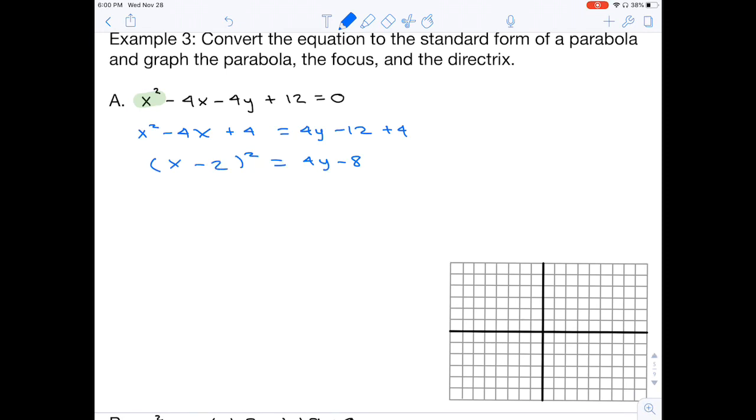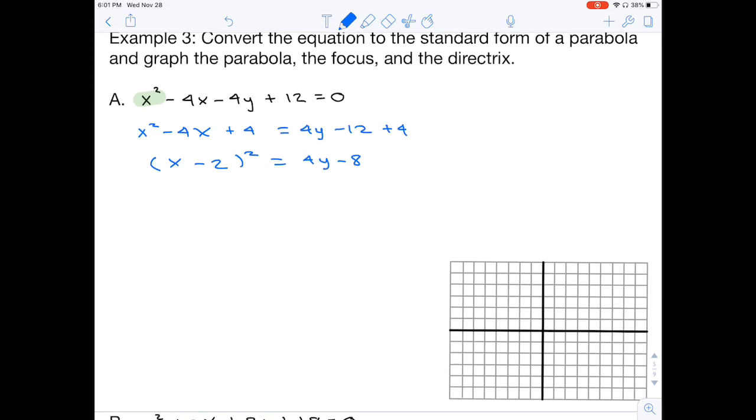Now, based on our standard form, notice this is still not in standard form yet. That right-hand side is supposed to be just y minus k, not 4y minus k. So I'm going to factor out a 4 out of both terms, because again, I want the number in front of y to actually just be 1.